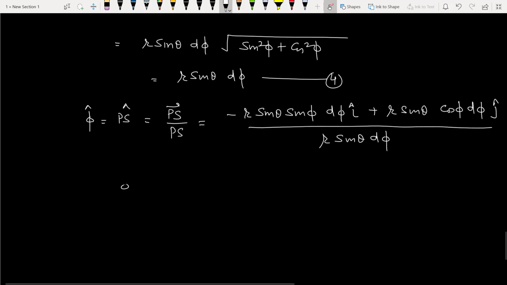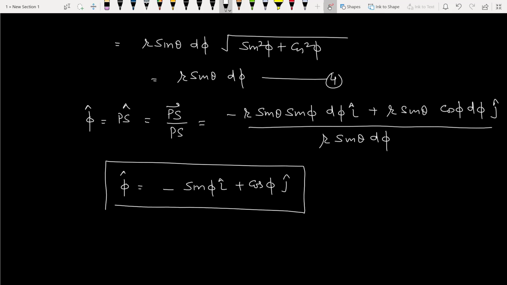So phi cap comes out to be minus sin phi I cap plus cos phi j cap. So this is the expression for our third spherical polar unit vector.